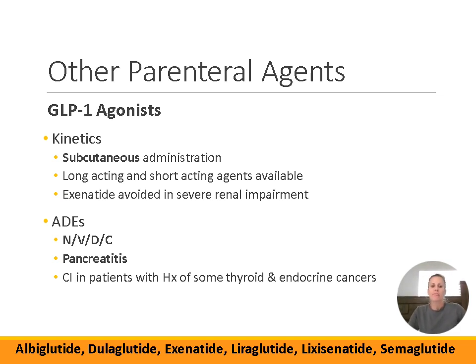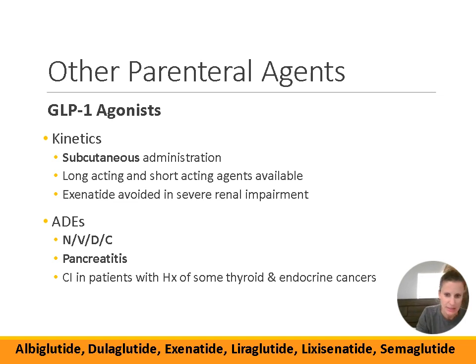When we look at the GLP-1 agonists, a major difference between the different agents is their kinetics. They can be dosed anywhere from twice daily all the way to once weekly.